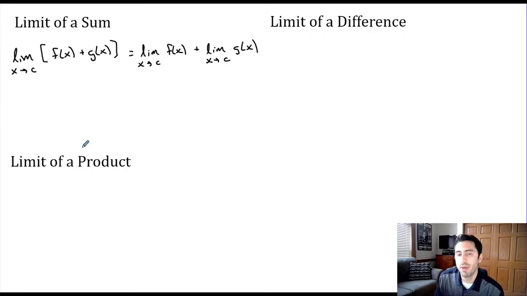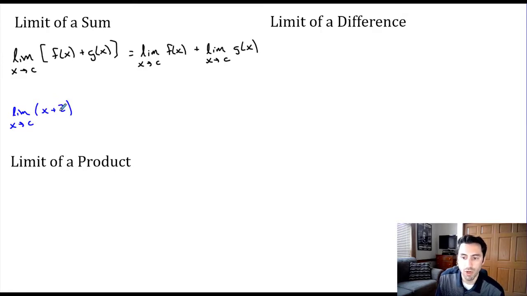Okay, now connecting this back to our two basic properties, let's say we were looking at an example where we wanted to find the limit as x approaches c, and let's say the function we were looking at was something like x plus 2. So this function would be a line.